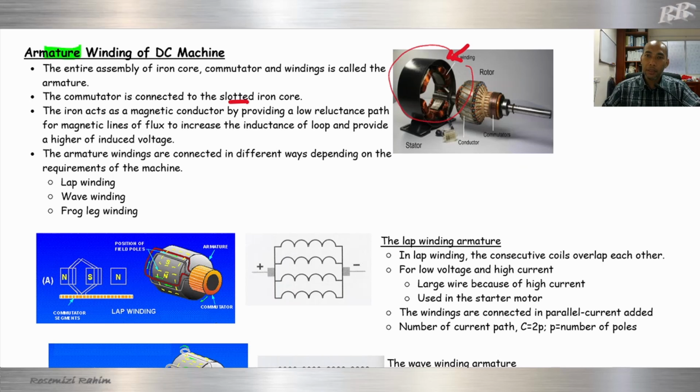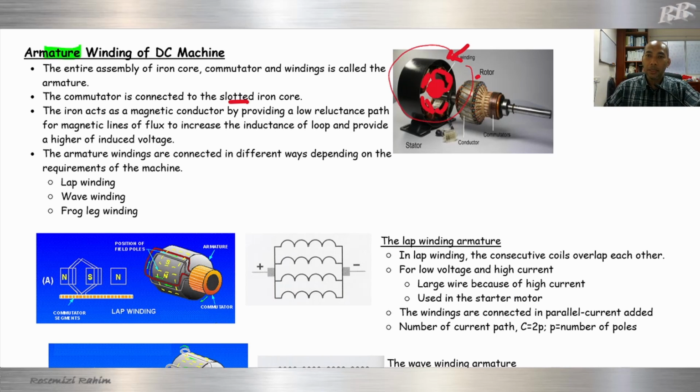This field winding is wound at this pole. In this case we have 4 poles. When the poles produce electric fields, the rotor rotates inside this stator.